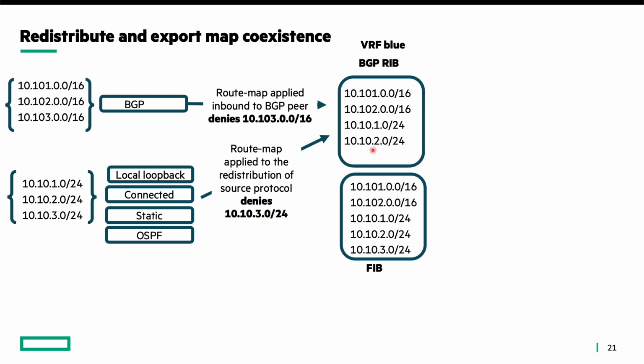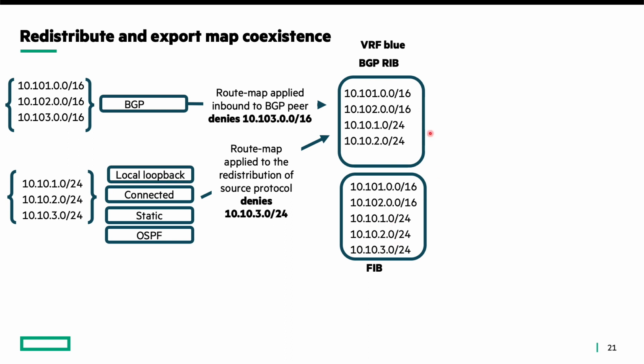The BGP route would be installed in the FIB, but since it's not there, we don't see 10.10.3. The OSPF route is installed directly in the FIB.